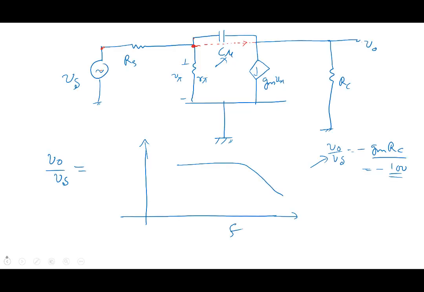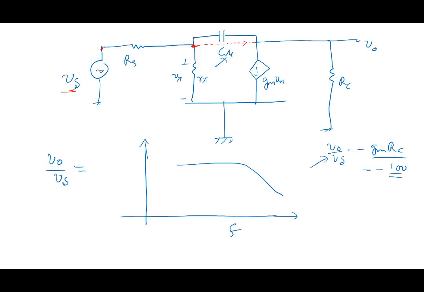Less than Vs or more than Vs? Signal here is Vs. So signal here would be more than Vs or less than Vs at this point? Will it be less than Vs or more than Vs?